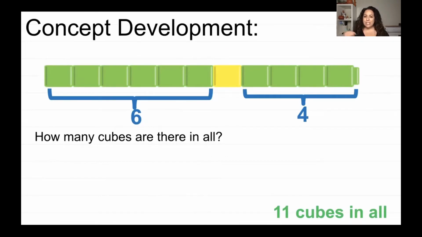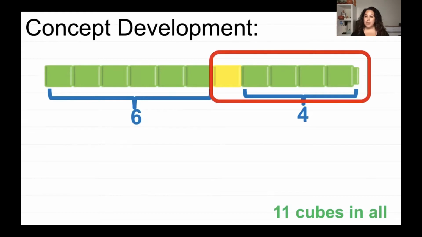Let's use these number cubes to teach us something, and then we're going to move on to something that's a little harder, but this concept is going to help us. When I look right here and I circle the 4 with the 1, how many do I have? I have 5 on this side. So my number sentence to figure out how many cubes are in this whole line, I can say 6 plus 5 equals 11.